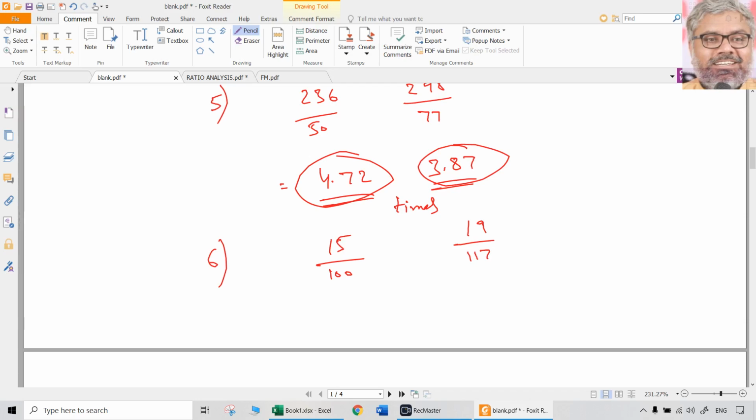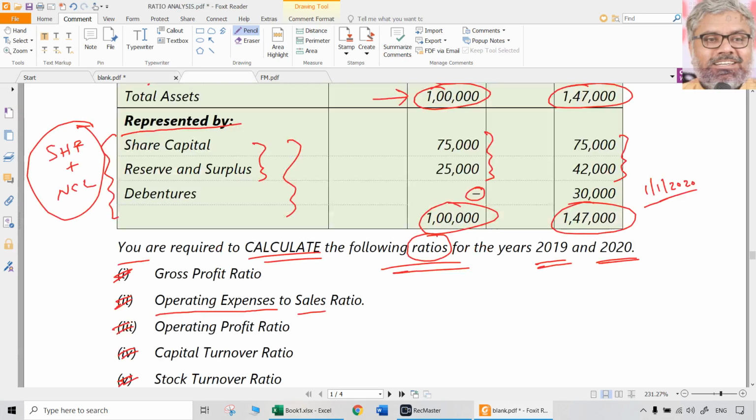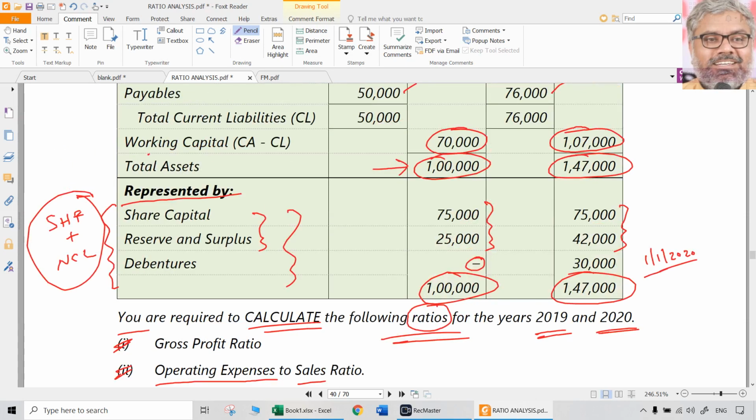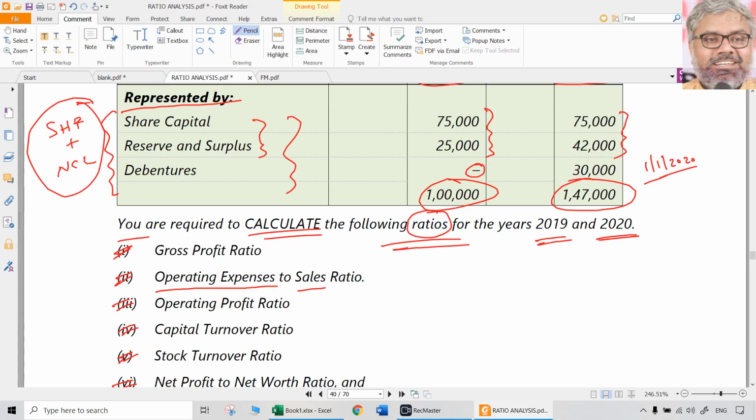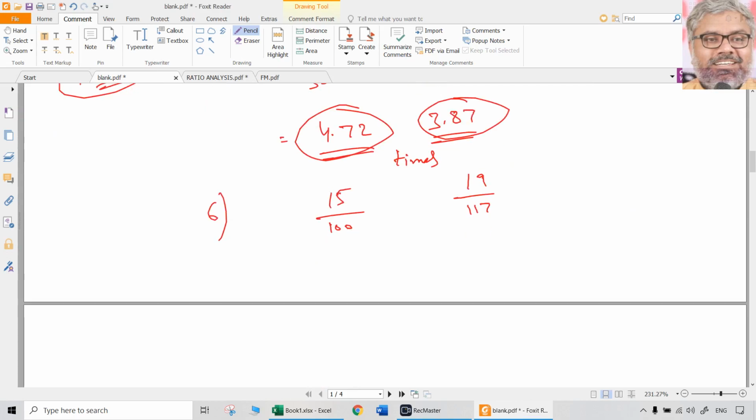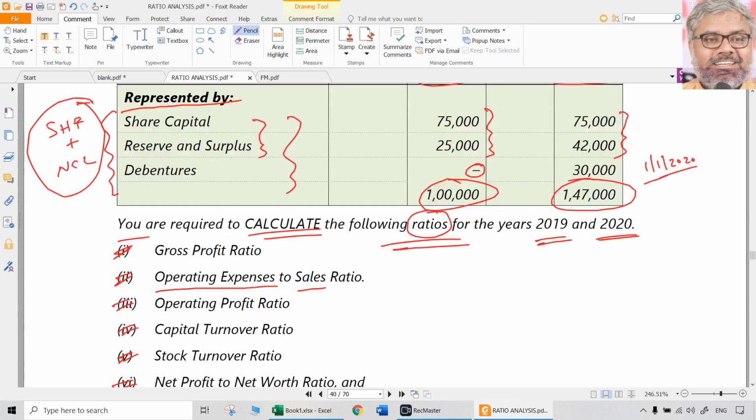Or otherwise you can even say total assets minus outside liabilities. Outside liabilities include, in this case, debentures. That also has to be reduced. So 147 minus 30, 117 will be net worth. We don't need that. Straight away shareholders' funds itself is net worth.